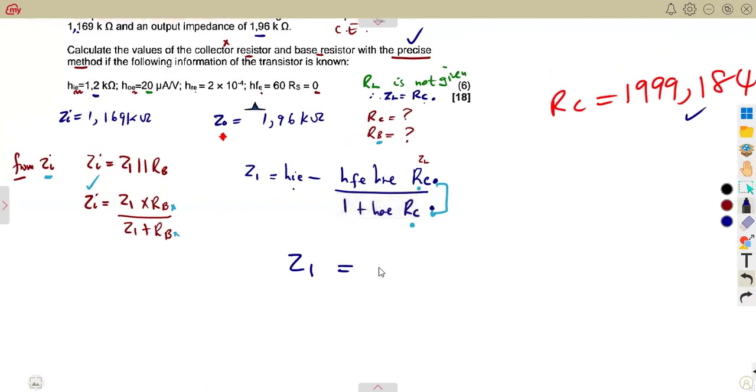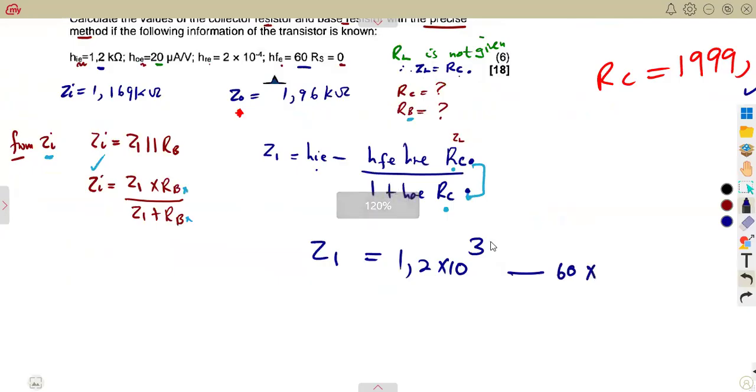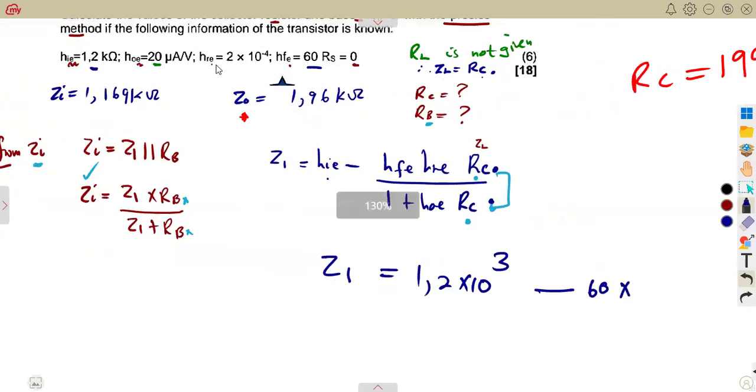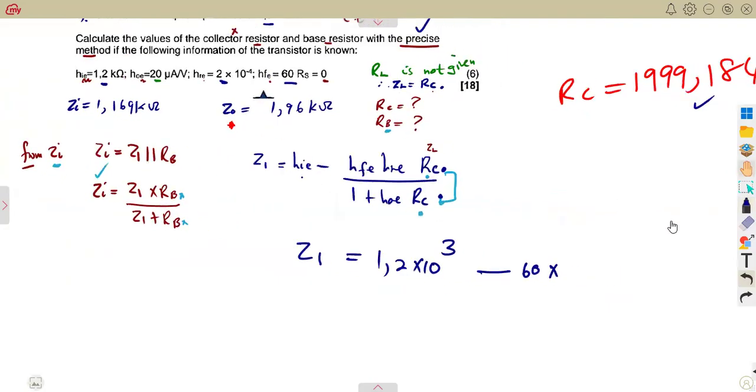Your HI is 1,2 kilo ohms. 1,2 times 10 to the exponent of 3 minus HF. Your HF, which is 60, you're given, that is 60 from this information. That's 60 times your HR, which is given 2 times 10 to the exponent of minus 4.